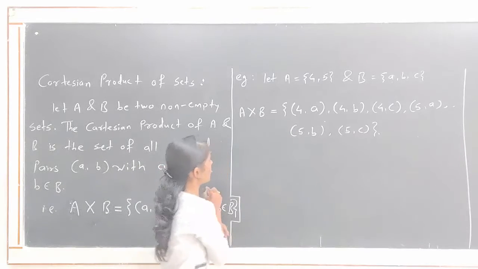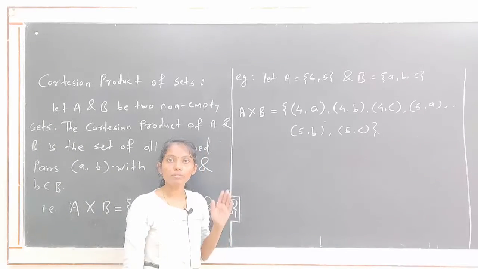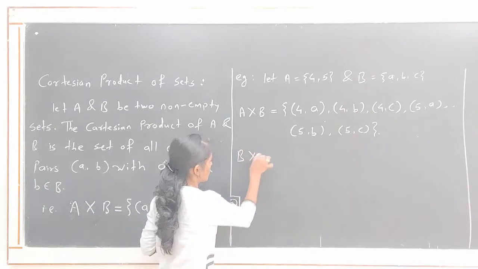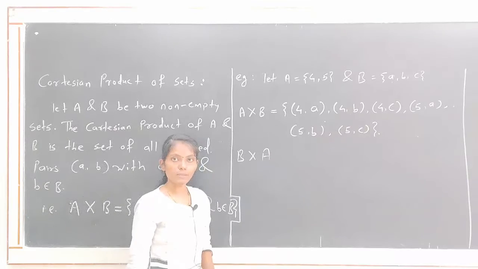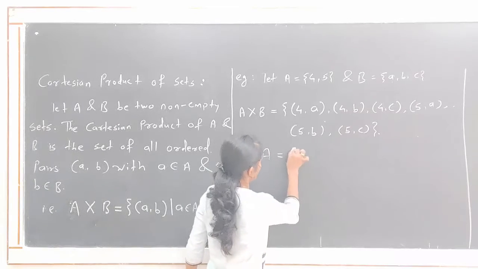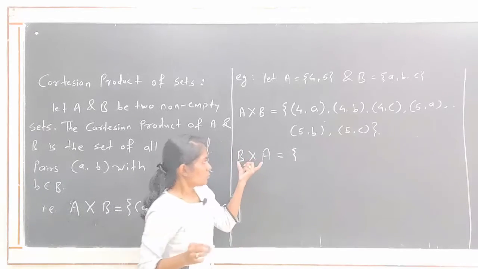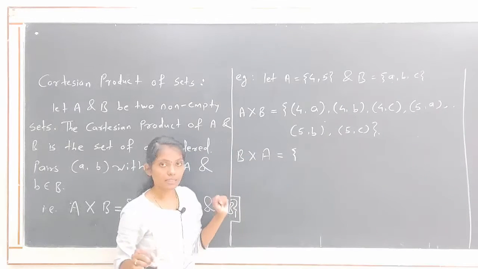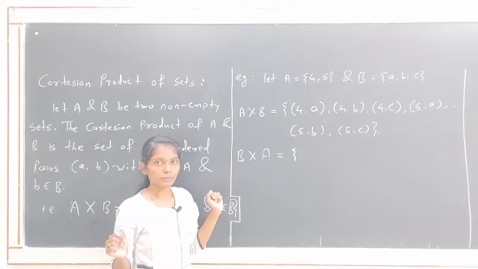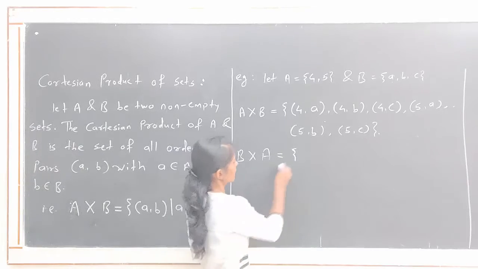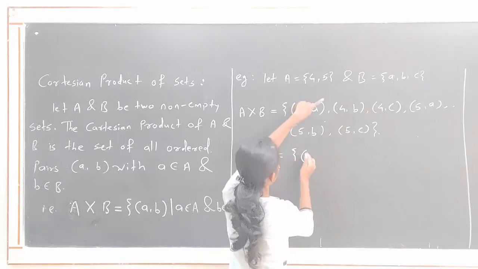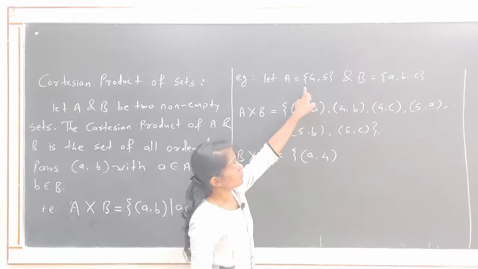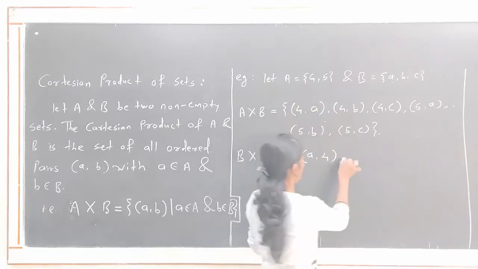Okay. Now we find the Cartesian product of B and A. So that means here we want to find B cross A. For B cross A, we take first set B and then set A, right? So here (a, 4), a belongs to B, 4 belongs to A, right?